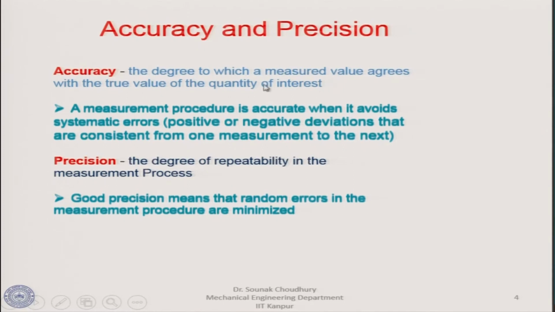We may have measured a value which is not actually the true value of the quantity. A measurement procedure is accurate when it avoids systematic errors, positive or negative deviations that are consistent from one measurement to the next.